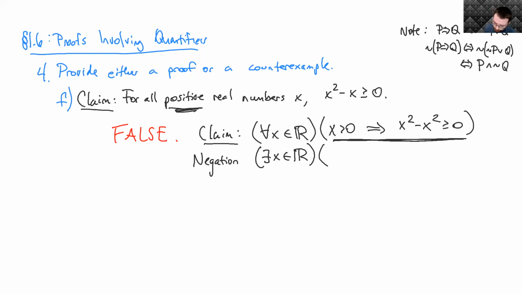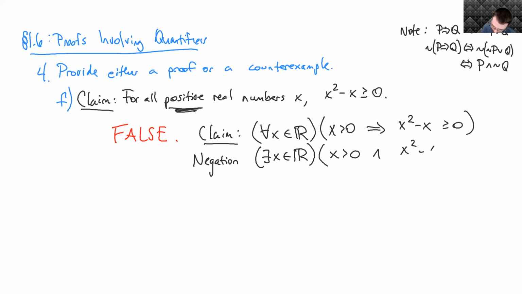So negating this implication, sort of like this is P, this is Q, right? It would look like x is greater than 0 and not this. Whoops, I had this written wrong to start with. Sorry about that. I put a squared here when I shouldn't have, but hopefully you guys saw that and wrote it correctly.